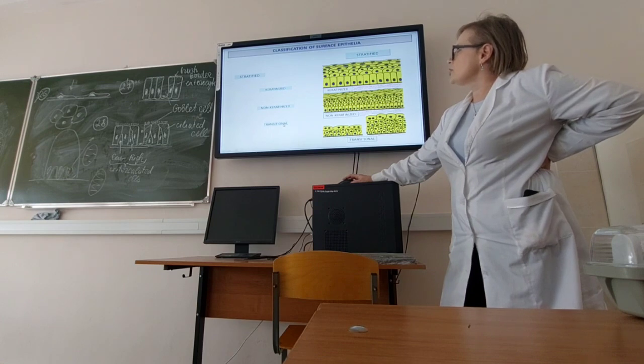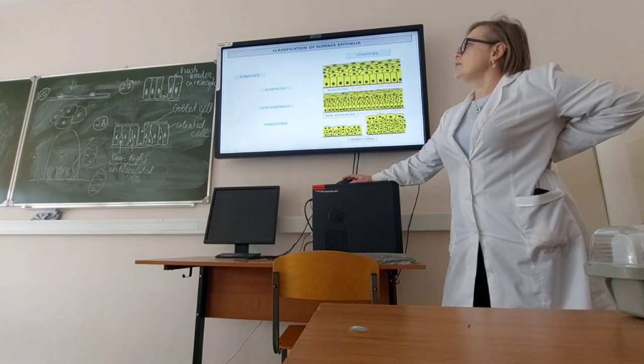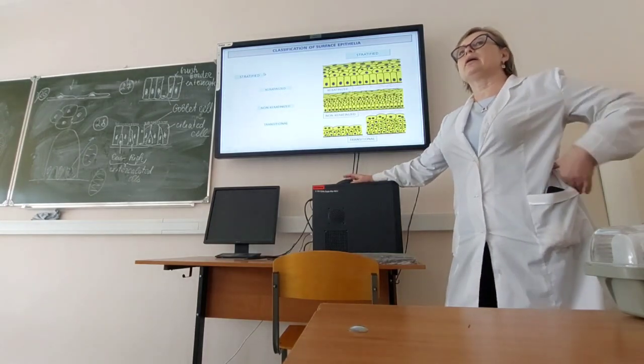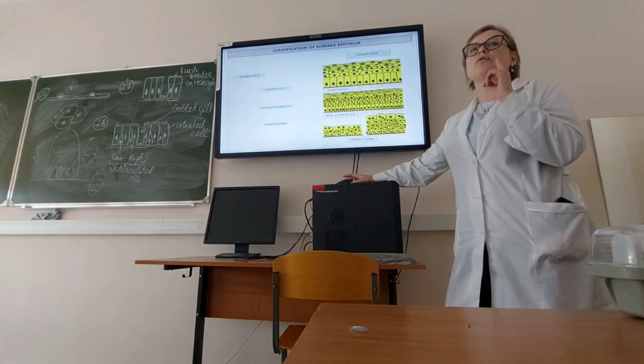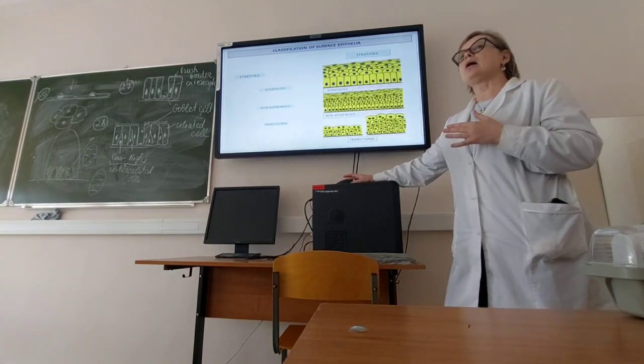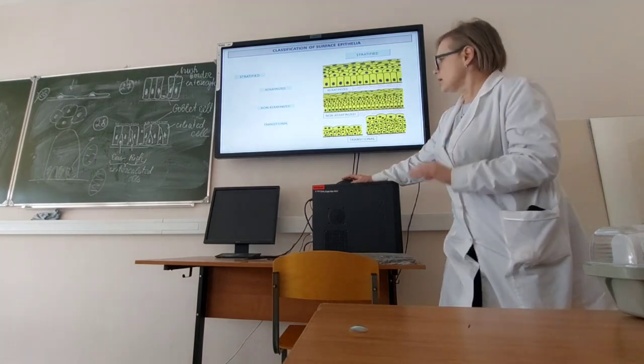Non-keratinized and transitional consist of these 3 layers. I remind you that stratified epithelium has only 1 layer of cells that lay on the basement membrane. Other cells never contact the basement membrane.